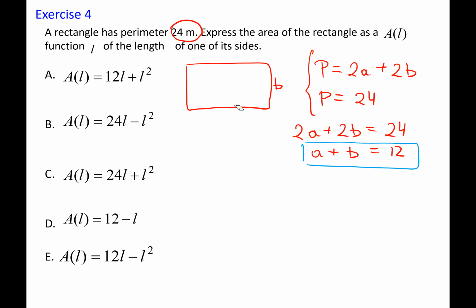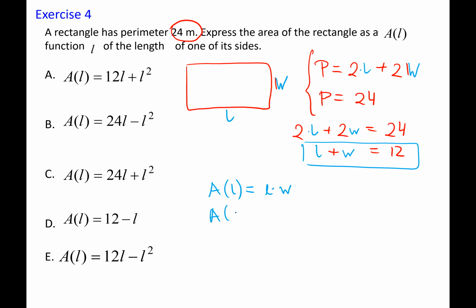That means I'm supposed to change this for L, and that's okay. Length plus width is 12, but now we need a function A of L, which is just the area, which will be length times width.